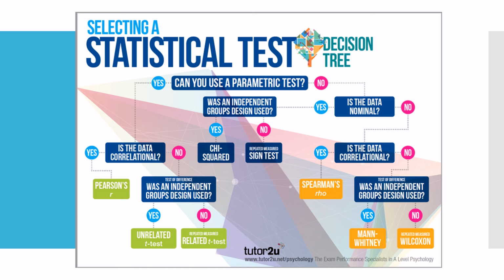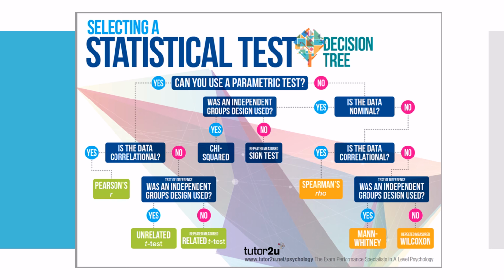There's a wealth of information on the internet, so if you Google levels of measurement or even the words nominal, ordinal or interval, you'll find lots and lots of different things. If you're really not sure, the best way to do it is to read about loads of different examples. So there are big lists on the internet of examples of nominal, ordinal and interval level data. If you read all of those, it will tell you all about those. Okay, so if you want to pause the video here and complete your activities on levels of measurement.